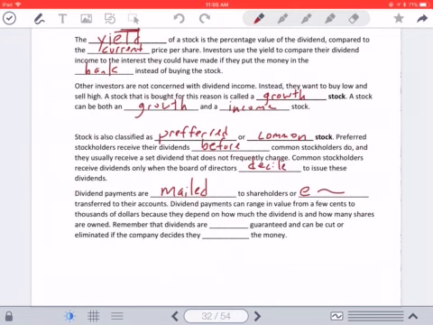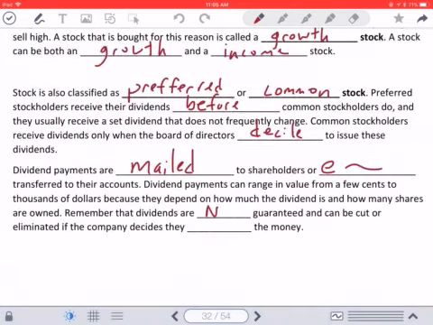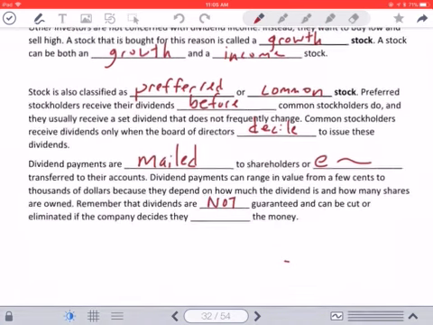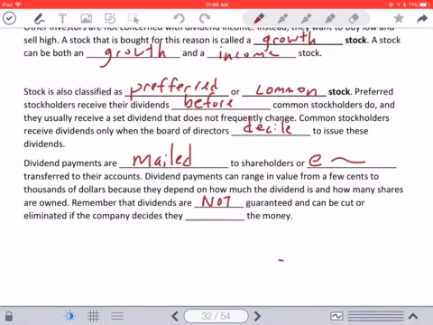Remember that dividends are not guaranteed and can be cut or eliminated if the company decides that they don't have the money or they don't have the profit.